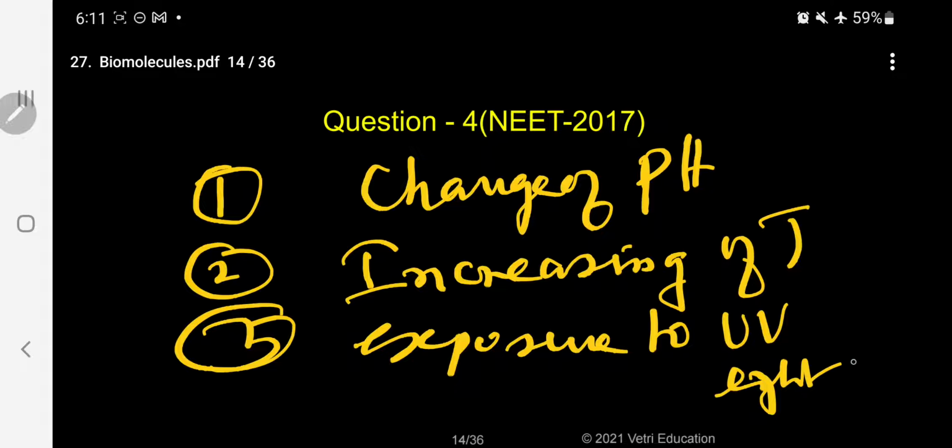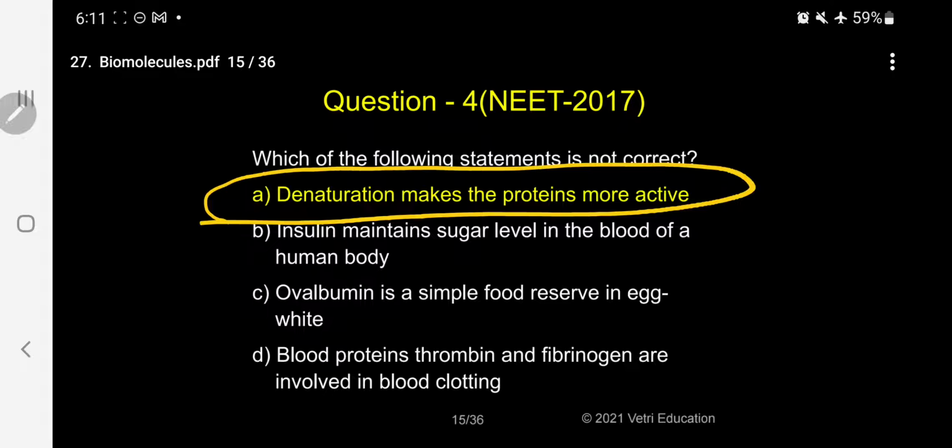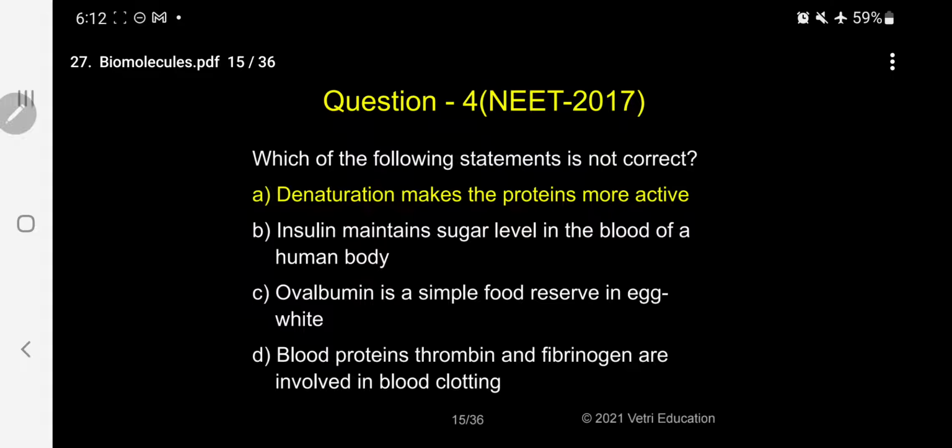So these are the three important factors that will denaturate the protein. So let me go for the correct answer now. See here, denaturation makes the proteins more active. No, it is not correct. Denaturation will not make the proteins more active. Please follow. That is the correct answer.